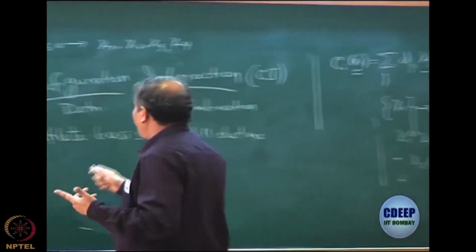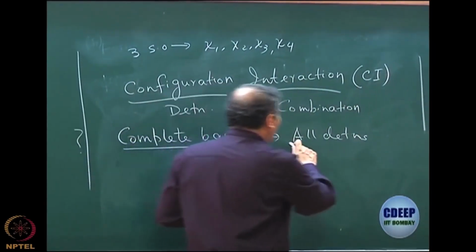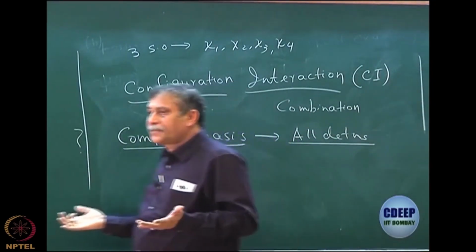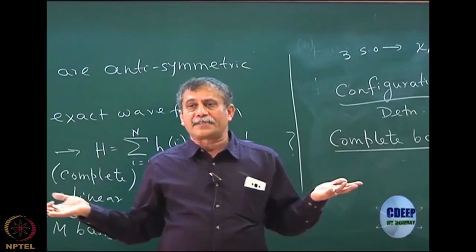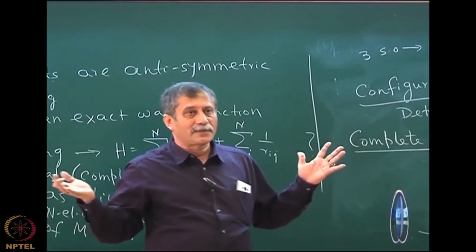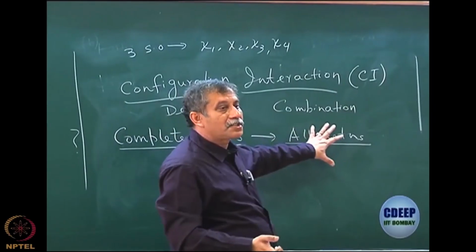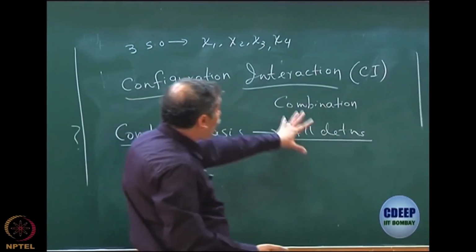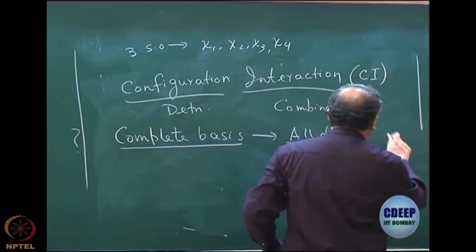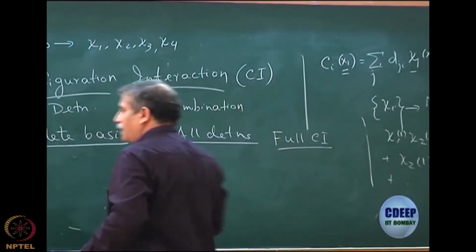So, there are two levels of approximation, one is the basis, one is the number of determinants. I need not take MCN, even if M is complete, I need not take MCN for some reasons. So, I can make approximations in the basis, and I can make approximations in the number of determinants. But if you have a complete basis and within that you take all determinants, then this method is called full CI, and I think it is obvious now.